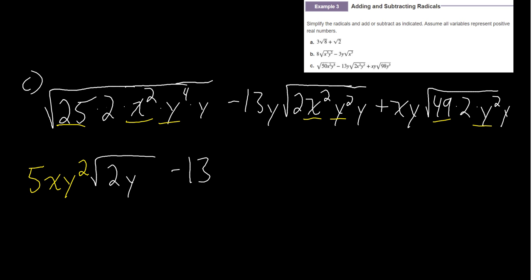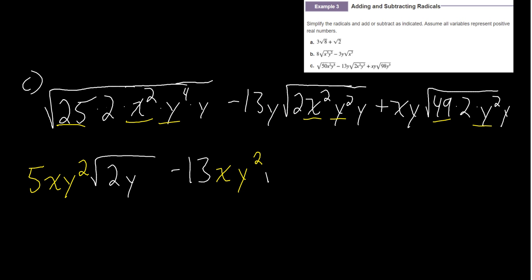It looks like we have the square root of x squared is x, and the square root of y squared is y, but we have a y already there to begin with, so y times y is y squared.